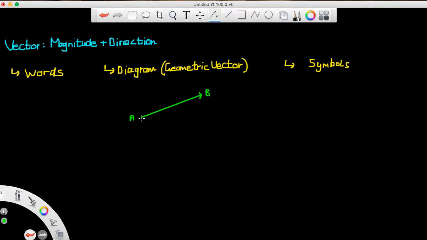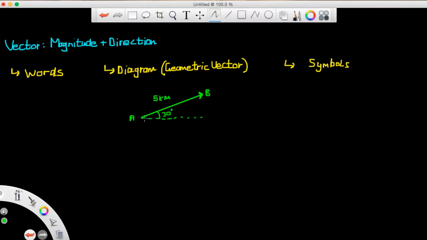Now I said that it was a line that represents 5 kilometers at an angle of 30 degrees. Okay, I'll try to make a straight line at an angle of 30 degrees to the horizontal. So as we can see here, this vector once again represents 5 kilometers at an angle of 30 degrees to the horizontal.